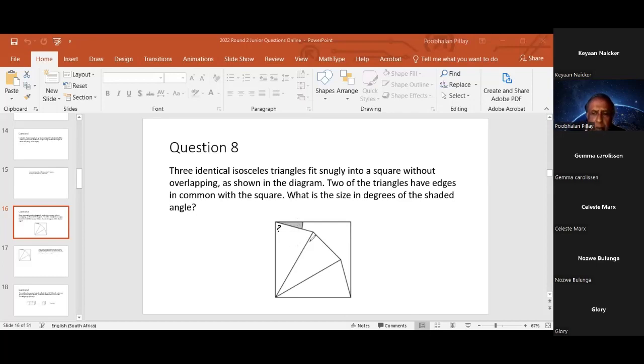Well, these are all identical. So it means that this is a square here. So they're identical, so these angles will be the same also, because they are identical, you see.